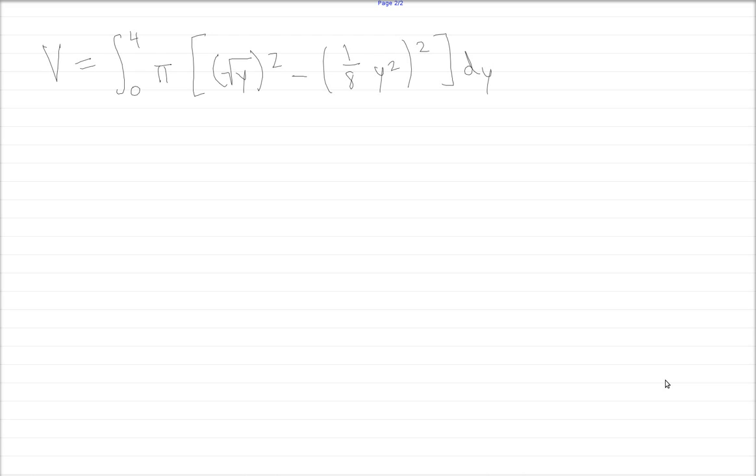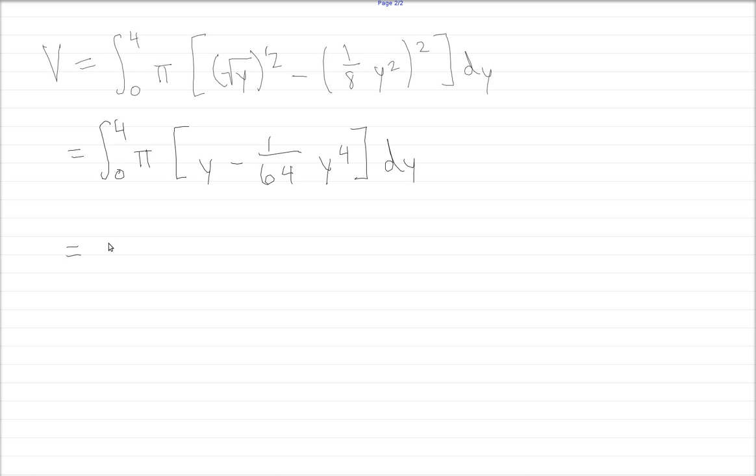So the first thing I want to do is simplify a little bit by taking care of these squareds here. So I'm going to have the integral from 0 to 4 of pi times square root of y squared, which is just y, minus 1/8 squared is 1/64th, and y squared squared is y to the 4th, dy.